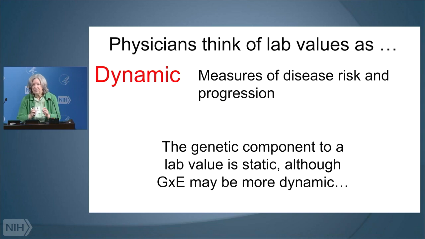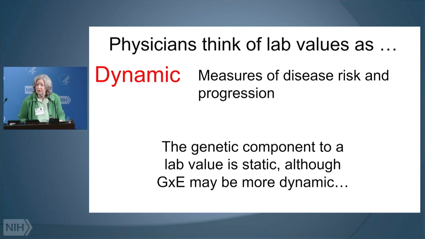Certainly, there could be some possibility that any gene by environment interaction, any exposures that are really changing these values could be interacting with the genetics. But for the most part, the genetics are static. And because they're much more genetic than physicians are often giving them credit for, that means that the first time somebody orders a creatinine that looks like it's putting people into stage 2 kidney disease, they're just watching to see that progress because they think that person is in stage 2 kidney disease, but the genetics may be misplacing them in the distribution.